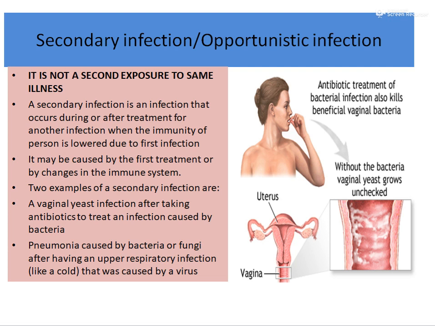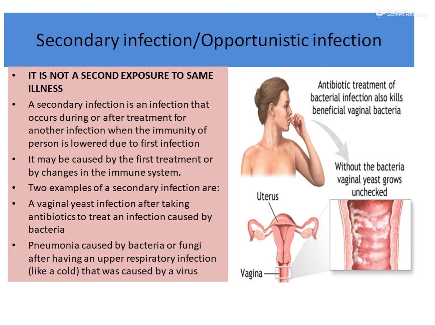As examples of secondary infection, a vaginal yeast infection can happen after taking antibiotics to treat an infection caused by bacteria. The antibiotic might kill the normal bacteria present in the vaginal area.